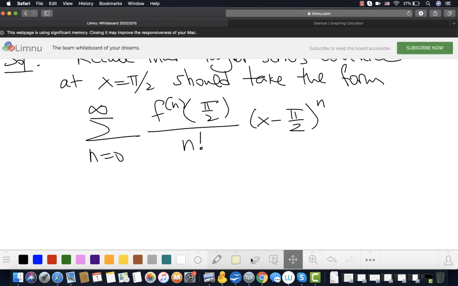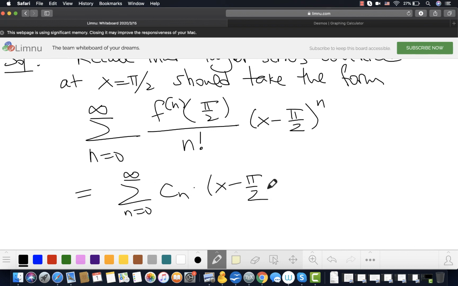But according to the problem statement, this should be c sub n times x minus pi over 2 to the n.